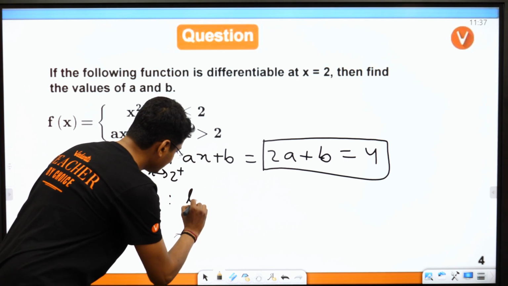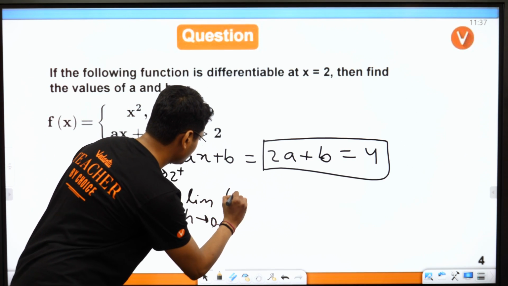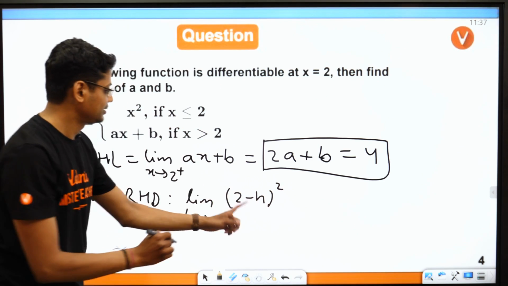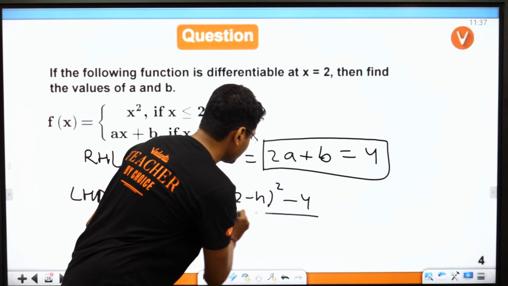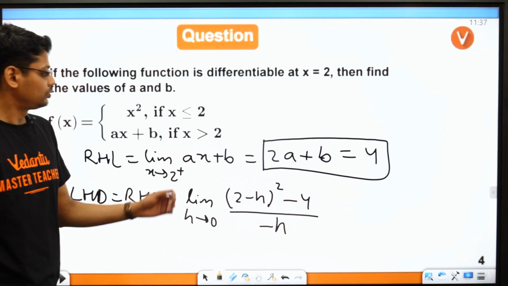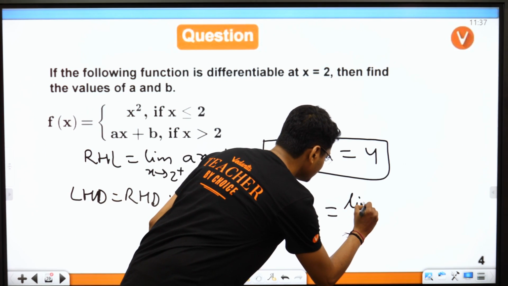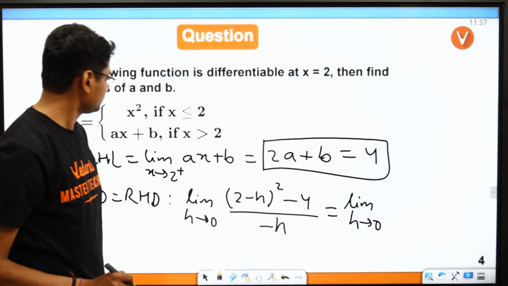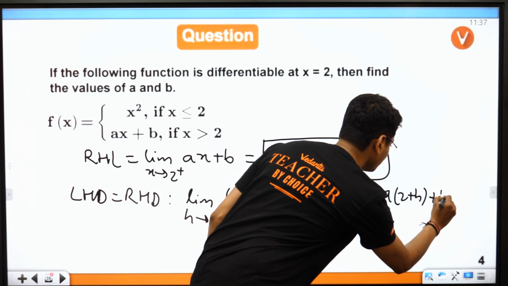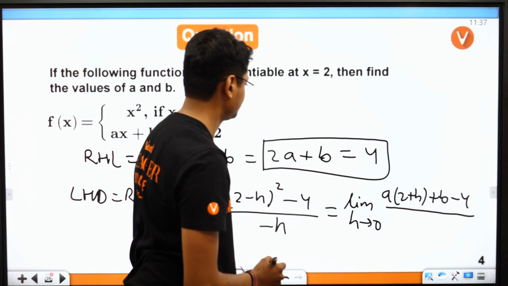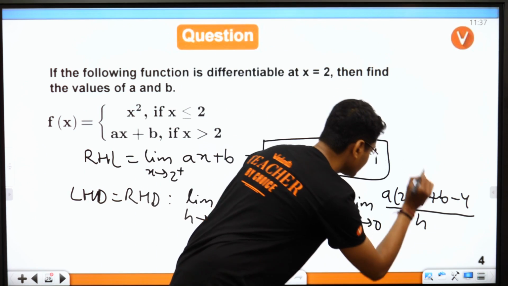Which essentially means the limit h tending to 0 of f(2 minus h) minus f(2), which is 4, divided by 2 minus h minus 2, should be equal to the limit h tending to 0 of f(2 plus h) minus f(2) divided by h.